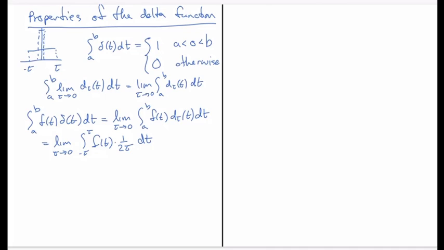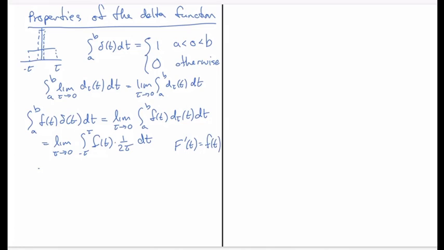Okay, if we get that far, this 1 over 2 tau is a constant, so we can pull that out in front, and basically now we're just taking an integral of little f of t. So let's define capital F of t to be the antiderivative of f. So if I take capital F prime, I get little f.